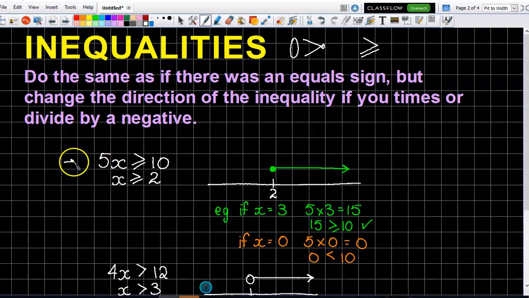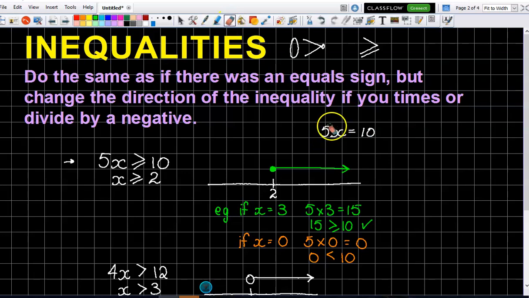So typically, they start off nice and small, just like we did with the equal sign. I don't know if you remember year 9, you might have gone, let's start with 5x equals 10, and then it built up to some of the fraction stuff that we've done today, correct? But how did we do this? Same. How do you get rid of a times 5? Divide by 5.